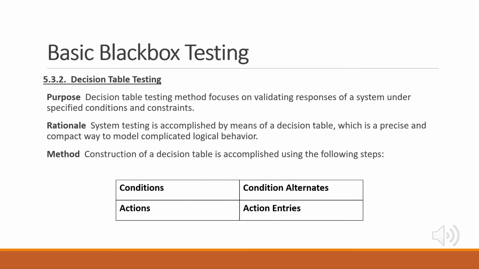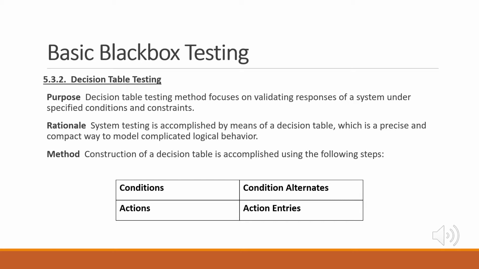The Decision Table Testing method focuses on validating responses of a system under specified conditions and constraints. The rationale is that system testing is accomplished by means of a decision table, which is a precise and compact way to model complicated logical behavior. The method is the construction of a decision table, accomplished using the following steps.